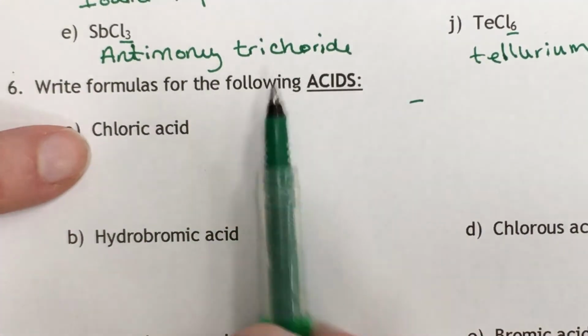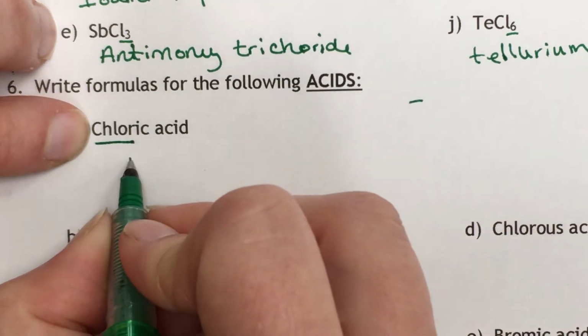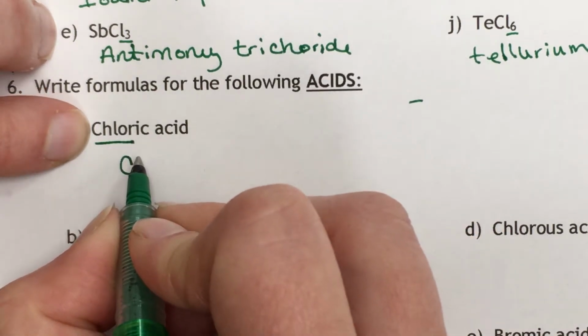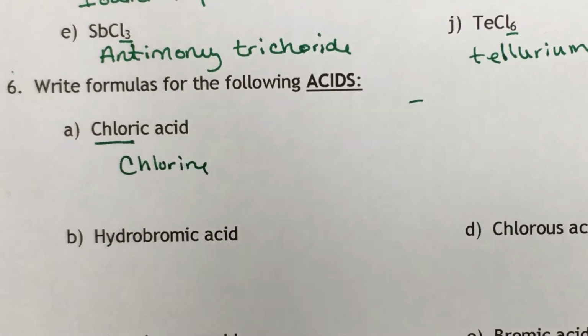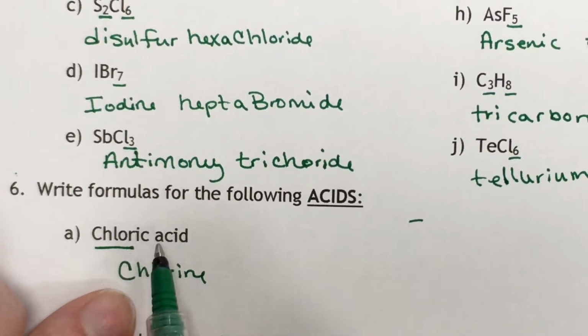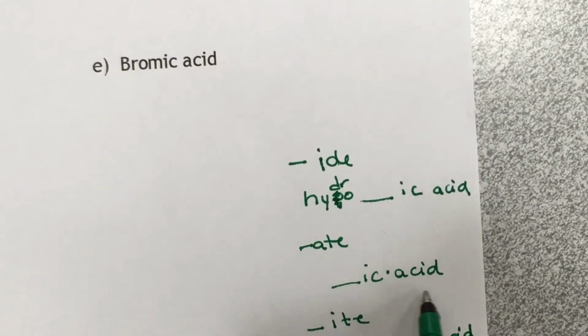So chloric acid. So we have this chlor part, okay? So we know we're dealing with chlorine, but what were we dealing with? We're kind of working backwards. So we have ic. So whatever the rule is, it was ic, okay? So ic acid is what we're dealing with. So it ended in ate.